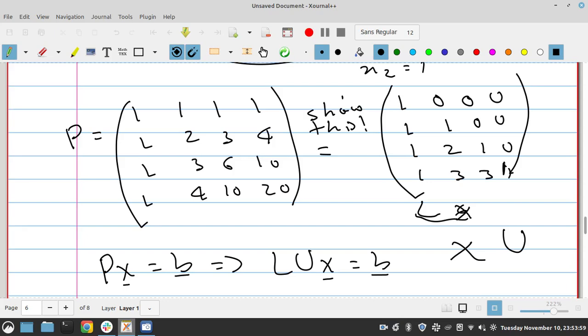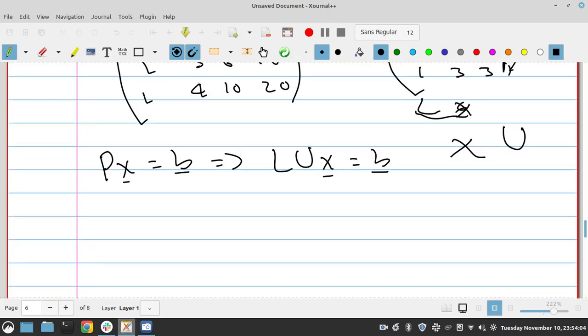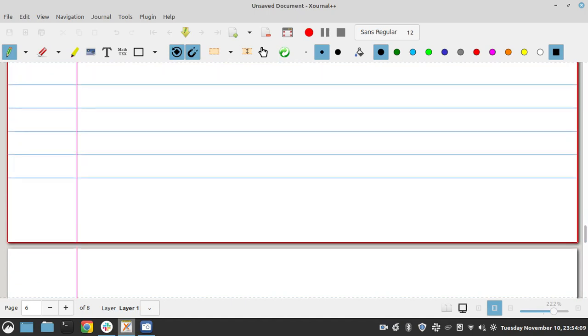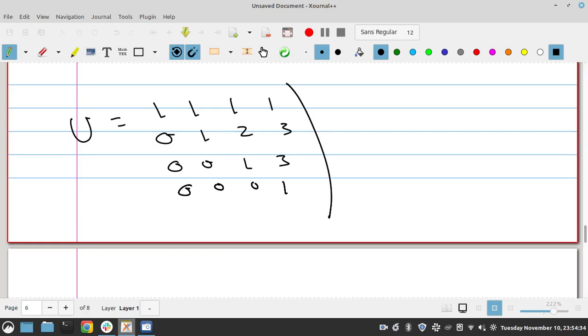You should be able to show that U equals 1 1 1 1, 0 1 2 3, 0 0 1 3, and 0 0 0 1. This is U.